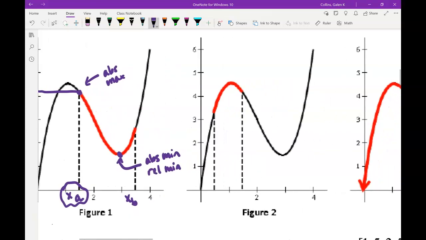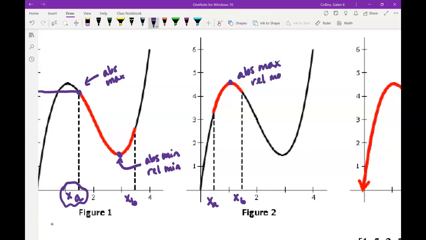Similarly, in figure 2, if we look at the same function but consider a different interval, with different a and b values, this time the absolute maximum on that interval is also a relative max of the function, but the minimum value is not.